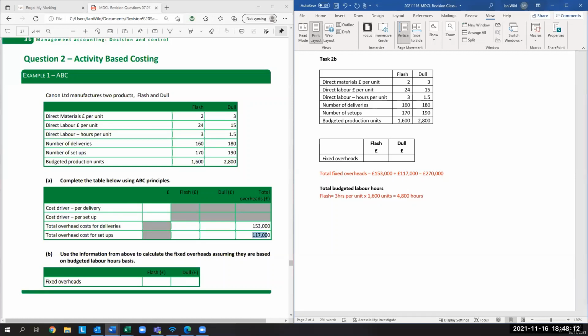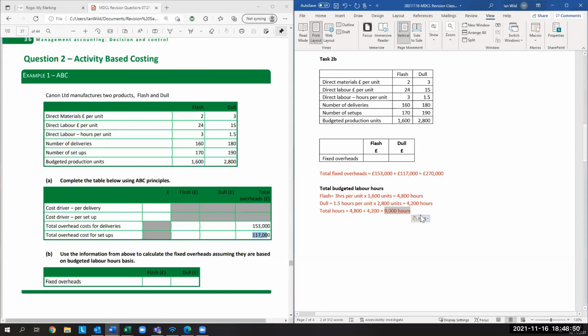And then for Dull, it's 1.5 hours per unit. And this time we're making 2,800. So 1.5 times 2,800 gives us 4,200 hours. So if we add both of those together, 4,800 plus 4,200, that gives us a total of 9,000 hours. 9,000 labour hours. Brilliant. Now everybody seems to be following that okay.